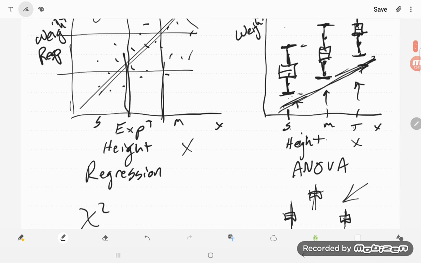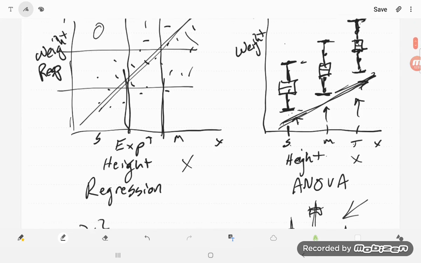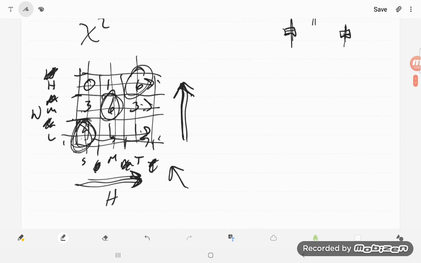If I didn't categorize any of them, I would go with the regression. Okay, so that's how regression is related to ANOVA and chi-square, in that I could take the numerical data and run these different tests. I just have to summarize my data a little differently for each test. Okay, there we go.